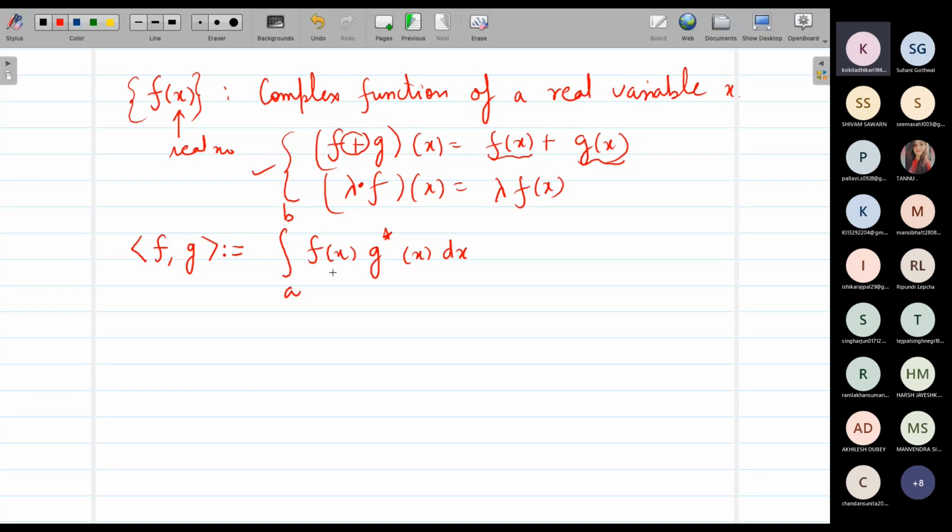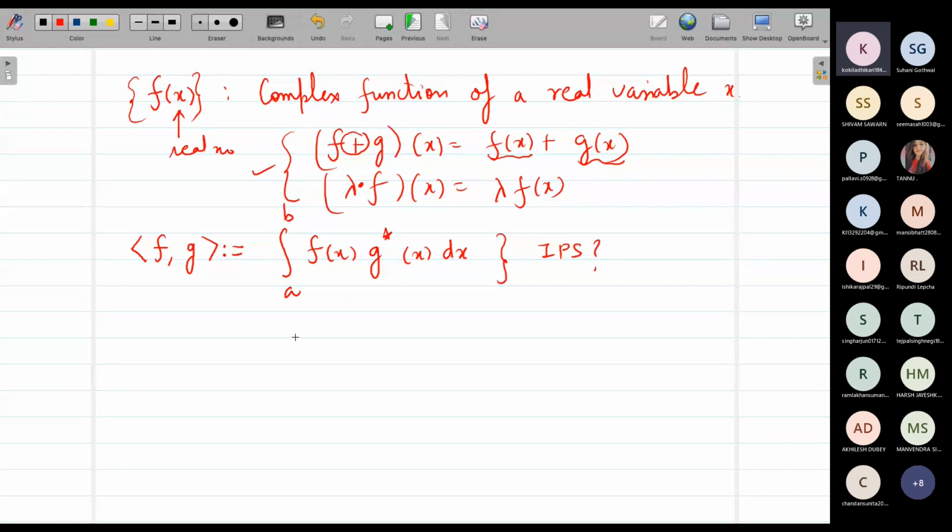So will this be a number or will this be some abstract quantity? It will be a number. So the inner product is defined as a number. Now question, will it qualify as an inner product space? With this definition, is this an inner product space?